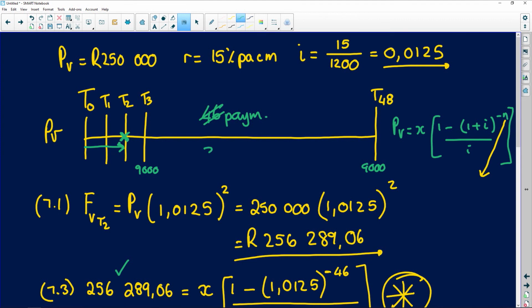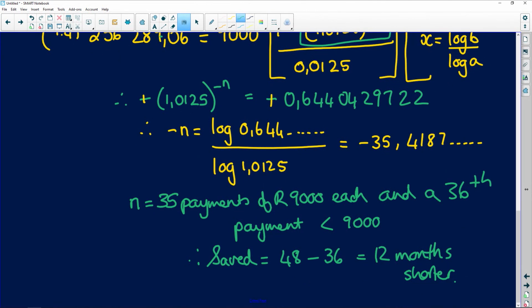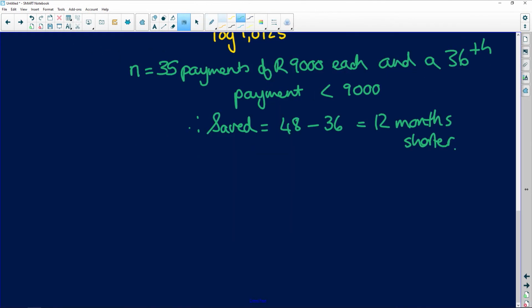Okay, so that will give us 34 payments made in the annuity of 9,000 Rand each. And then we go one further. So our final payment, the Y value, I'm going to call it Y.